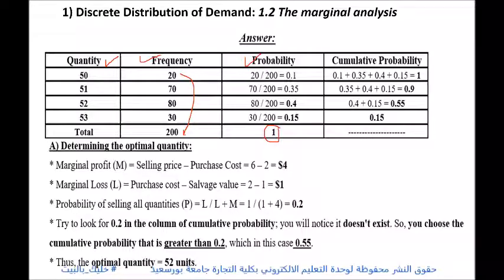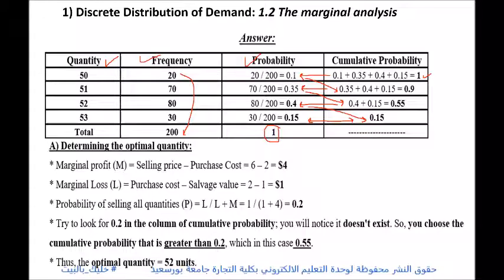Cumulative probability, first one is 1, because the total will be 1. 1 minus 0.1 will be 0.9. 0.9 minus 0.35 will be 0.55, minus 0.4, you can get 0.15, which will be the same as the last probability.